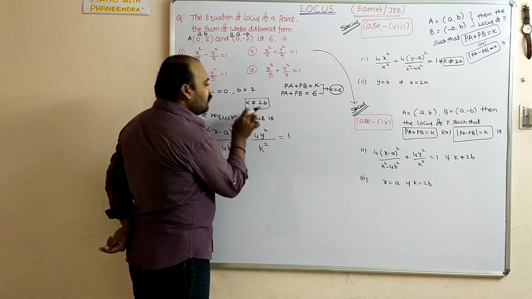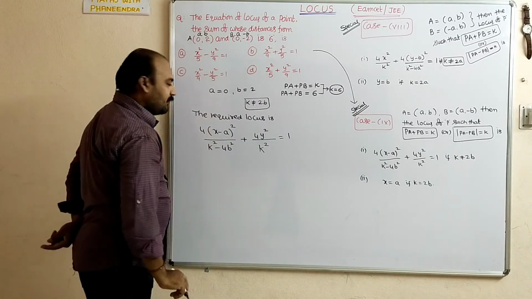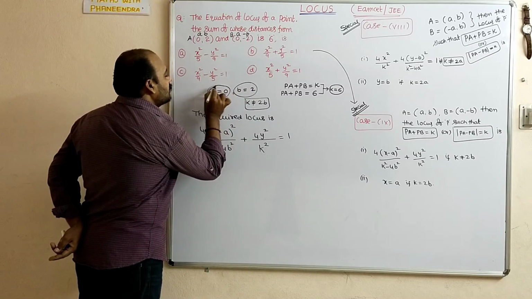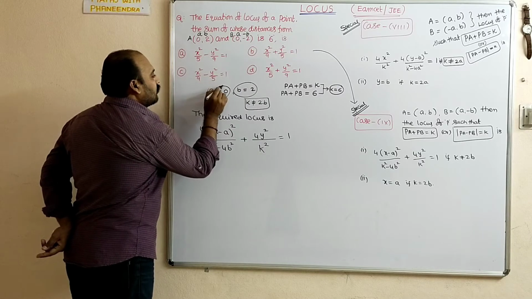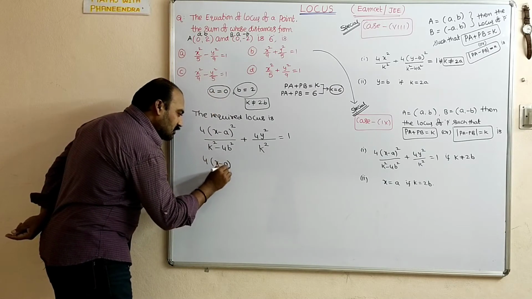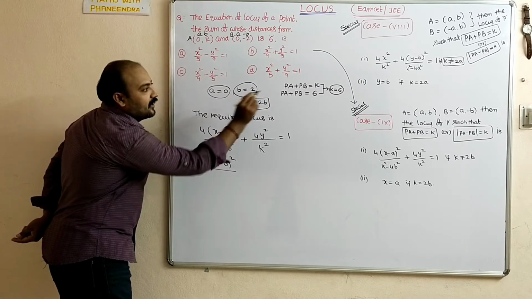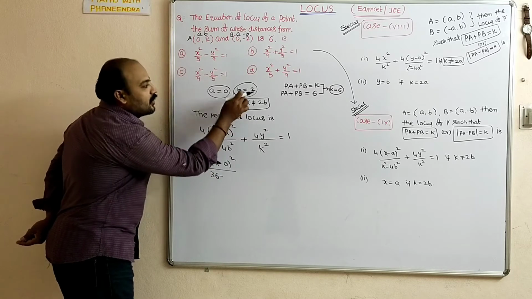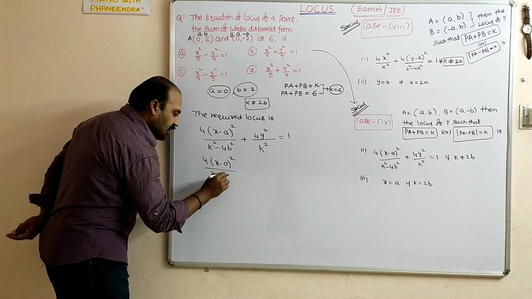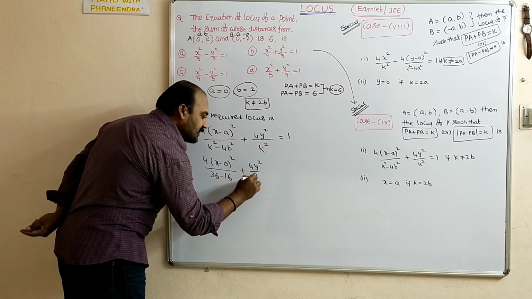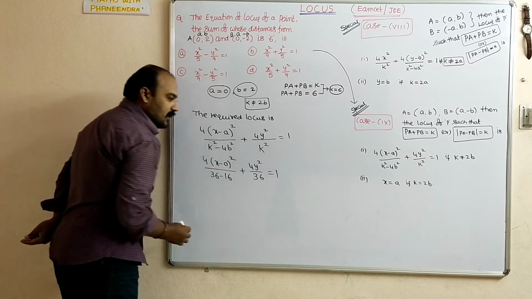When K is not equal to 2B, now substitute the respective values of A and B here. So 4 times (x minus 0) whole square divided by K square, which is 36, minus 4 into B square, which is 4 times 4, 16, plus 4y square divided by 36 is equal to 1.